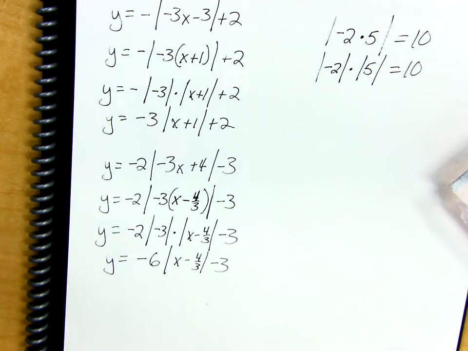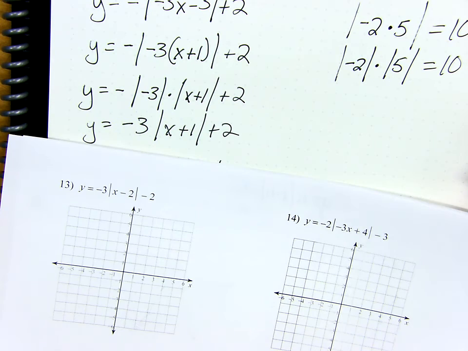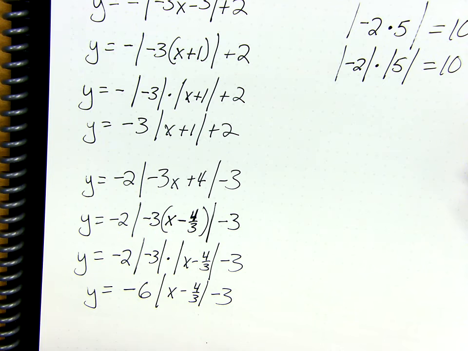So now this is the form that I want. It's just a fraction. Oh well, sometimes that happens. So now I know my vertex would be at 4/3, comma, negative 3. And then I can follow my slope from there. Oh, that's going to be quite narrow, isn't it? Let's see. So 4/3 is 1 1/3.